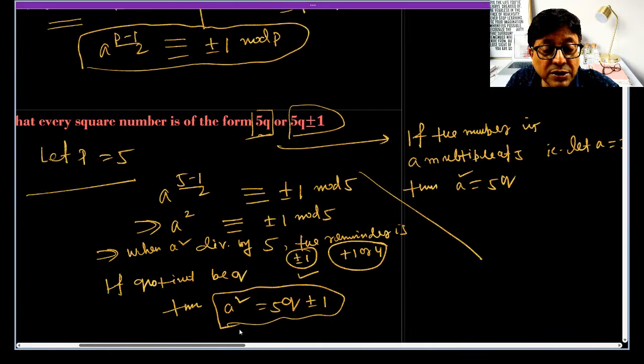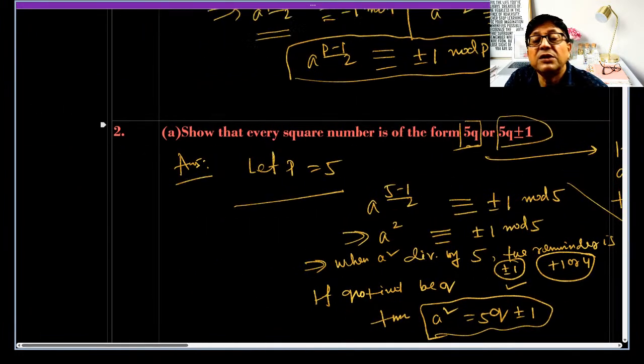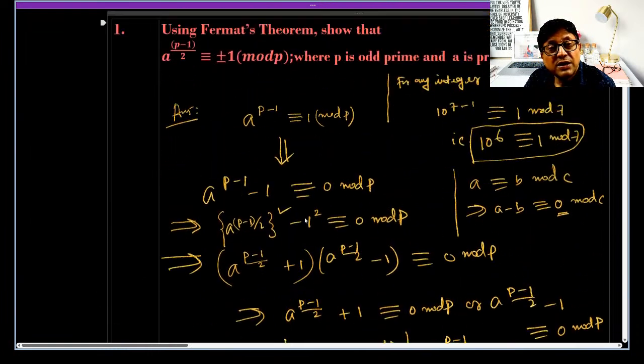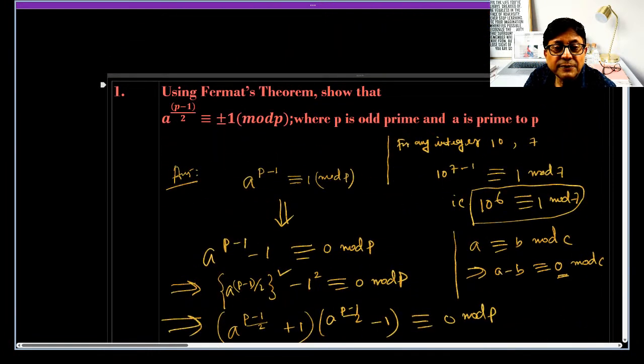If it is not, then it will be of the form 5q plus 1 or minus 1. This is one immediate application of Fermat's theorem, where we have derived this relation directly from Fermat's theorem.